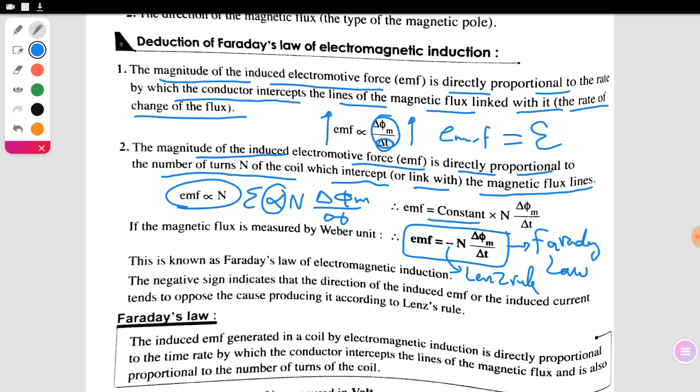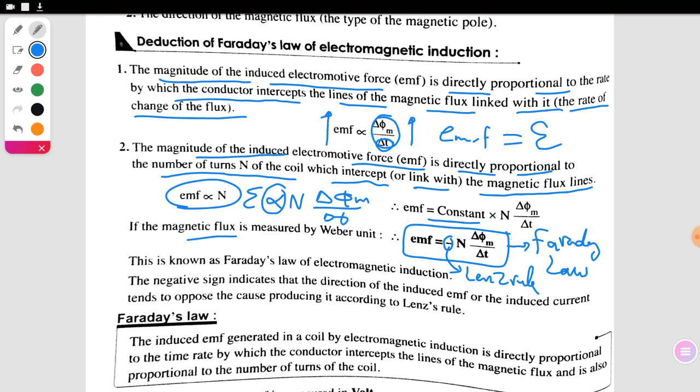When we approach the magnet, we observe a force that repels it. When we move away, we observe a force that attracts it, in the opposite direction. The minus sign indicates the opposite direction.